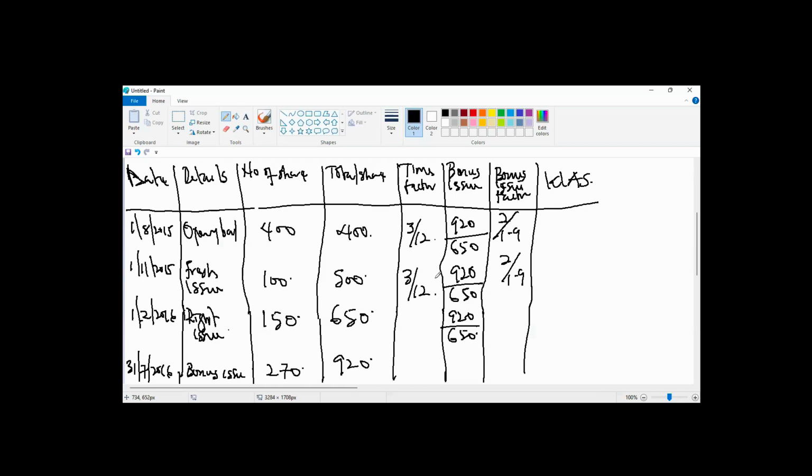From 1st of February to 31st of July is 6/12. Let's count. February is inclusive. That is 6 months.